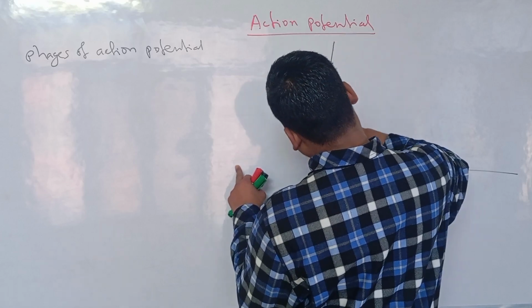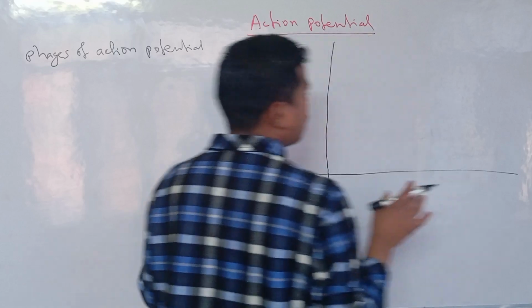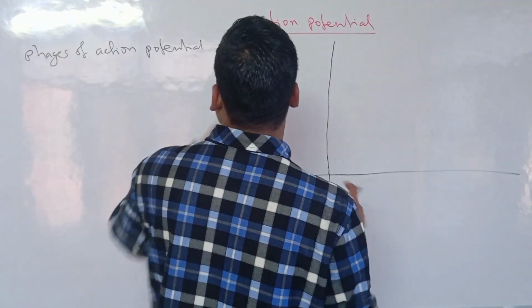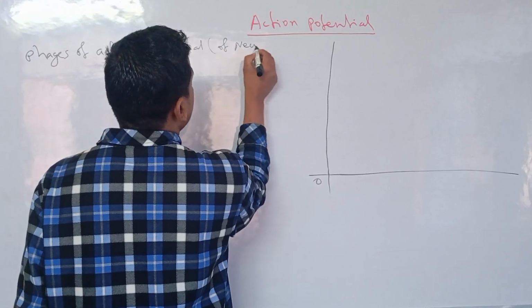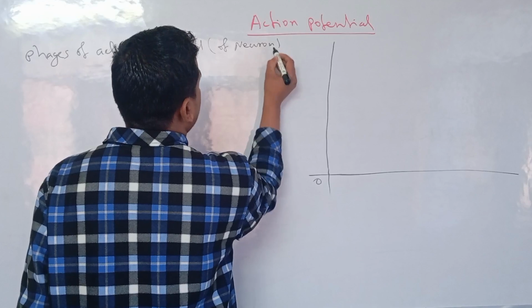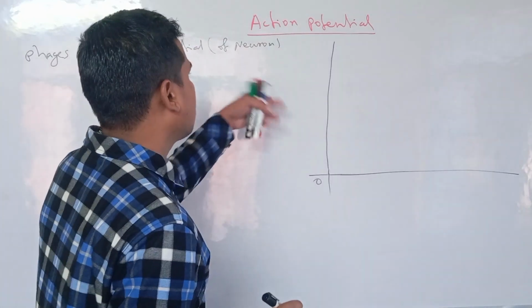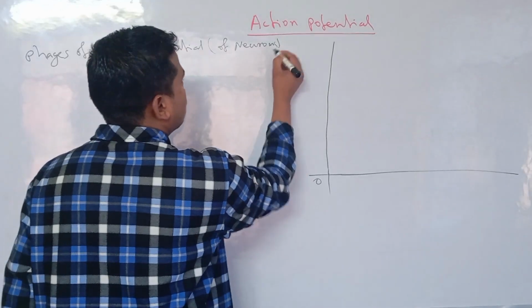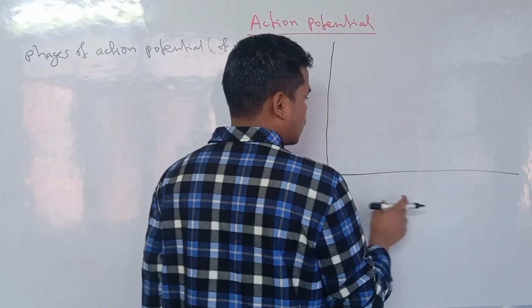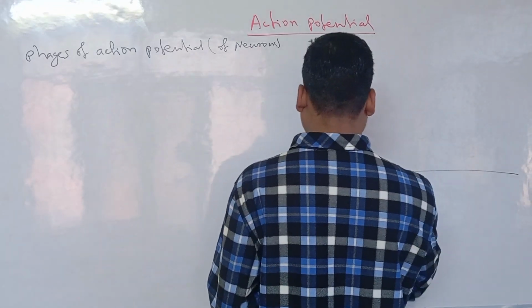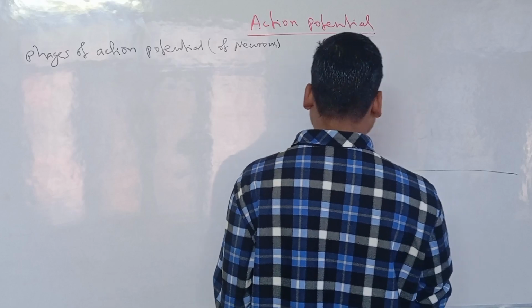This is the potential, and I will be talking in reference to neurons, the neuron action potential, not muscle like skeletal or cardiac muscle, in large nerve fibers.